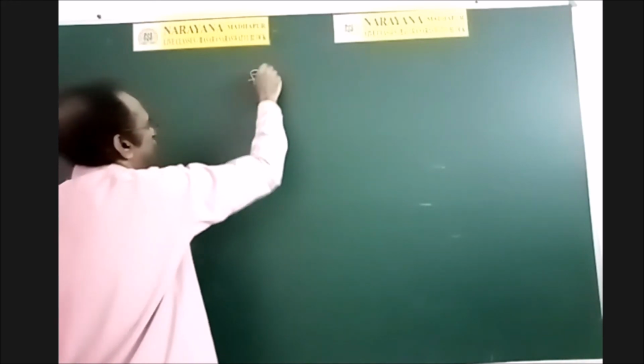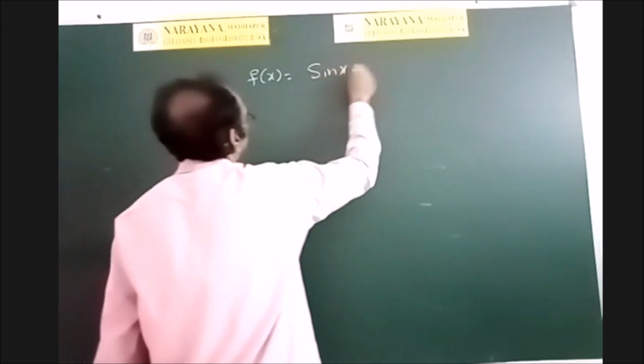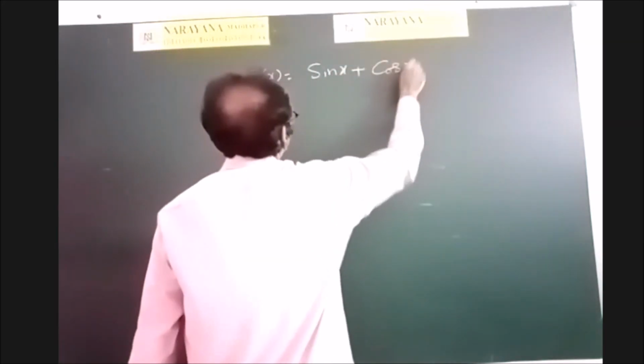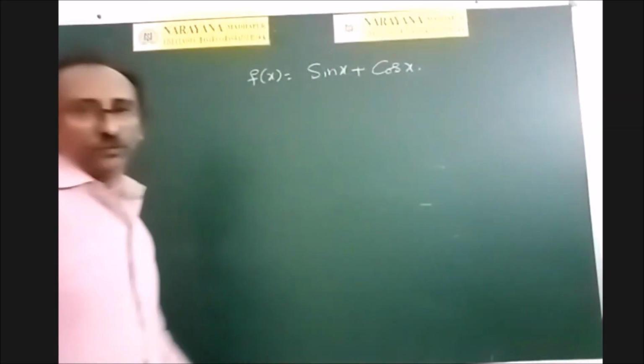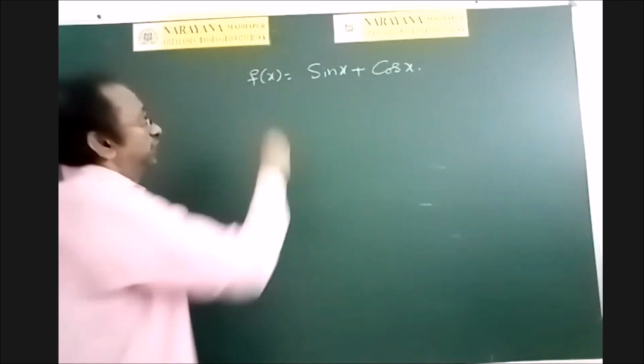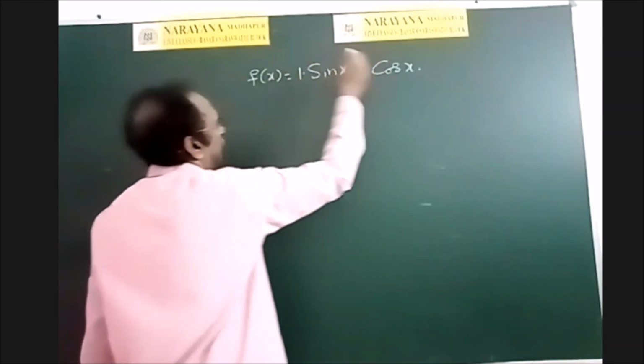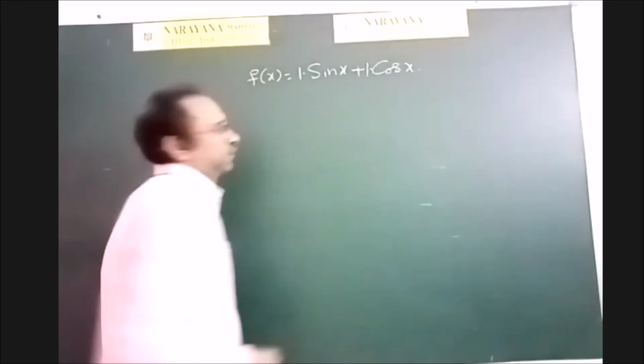And what is the previously asked question? f(x) is equal to sin x plus cos x. So you tell me what is the range of this? Here what is a? 1. And what is b? That is also 1.